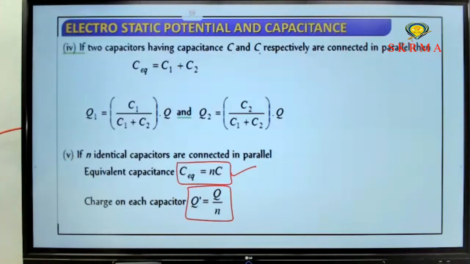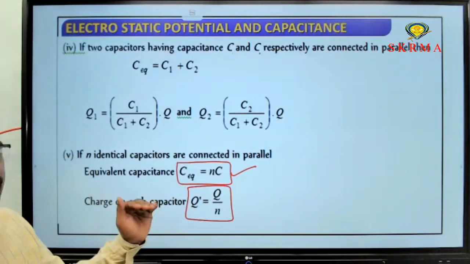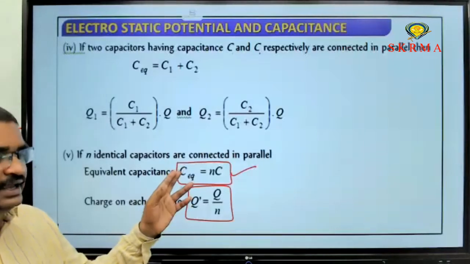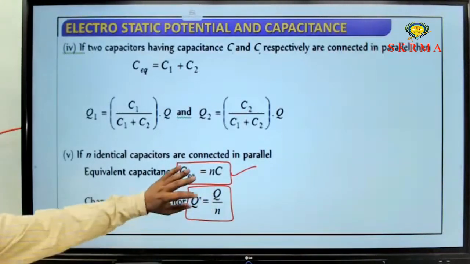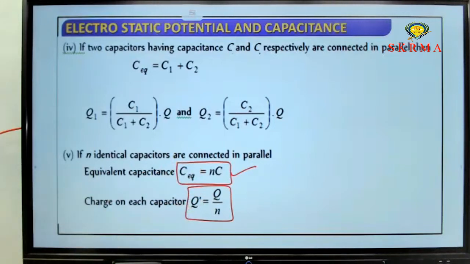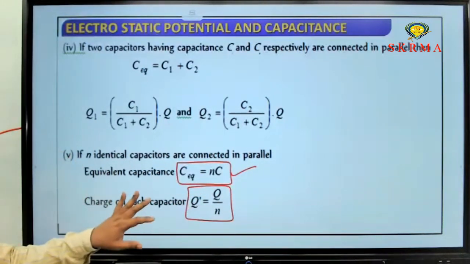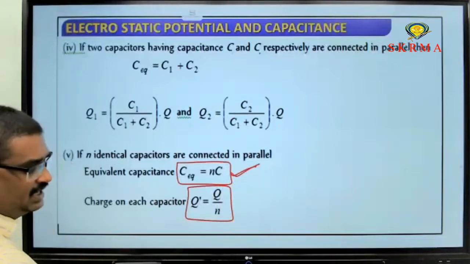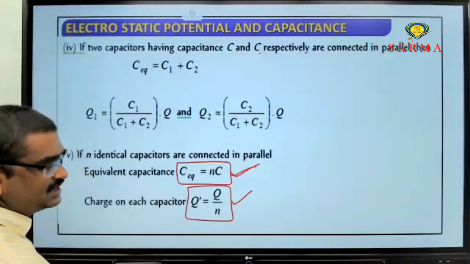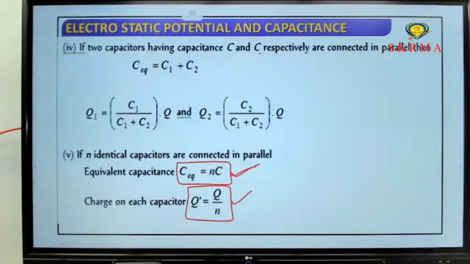This is valid only for equal capacitors: the equivalent capacitance becomes n into C, and the charge on each capacitor is the total charge by n.